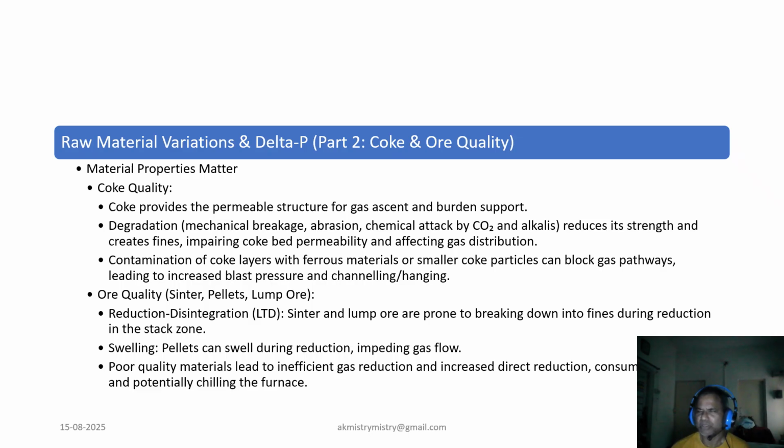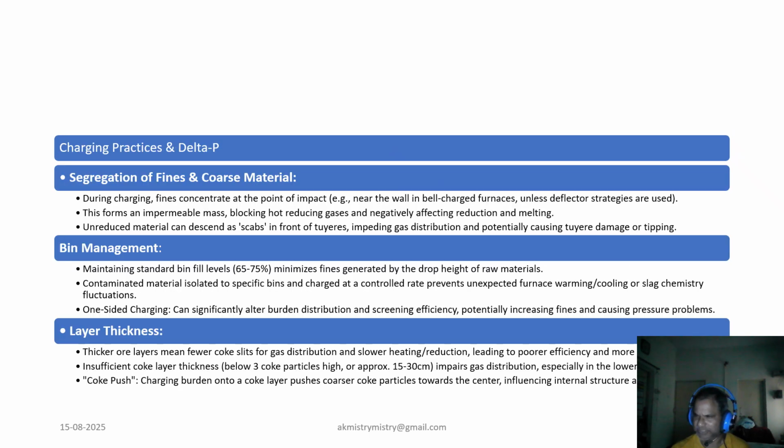All these issues raise the delta P and force the furnace to work harder. And once the furnace works harder, it is an inefficiency of the furnace. It's signaling inefficiency, trouble which is just waiting for the blast furnace team.